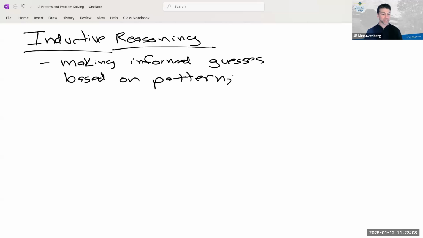Making informed guesses based on patterns. That's what inductive reasoning is, right? We observe something and we notice a pattern, and then we draw some sort of conclusion, which is an informed guess. So my question for you to consider then is, what's good about that and what's bad about that?